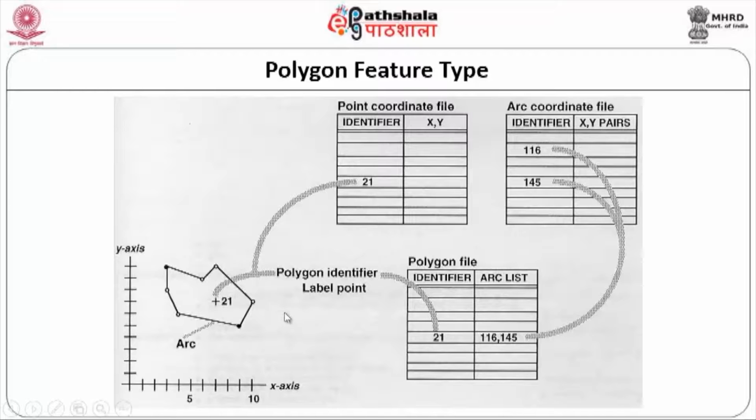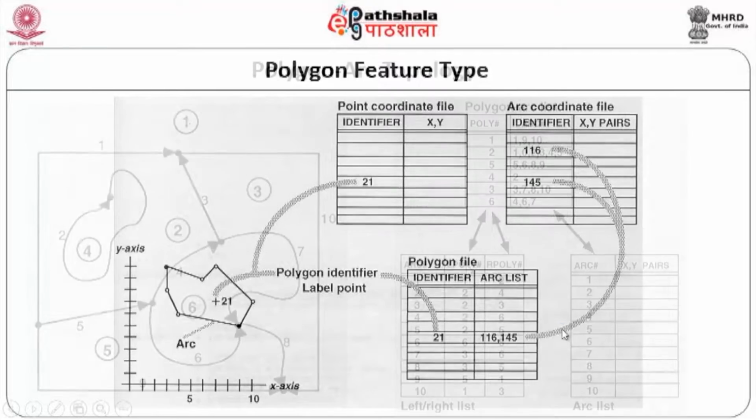Automatically the system will take care. When I am retrieving the data, it retrieves not only this polygon as such, it retrieves the common line and then draws for this particular polygon 116. And obviously for polygon 116, what will be the common? 21 and 145. A part of the line belonging to this particular polygon will be common to your 116 and 145, and so on and so forth.